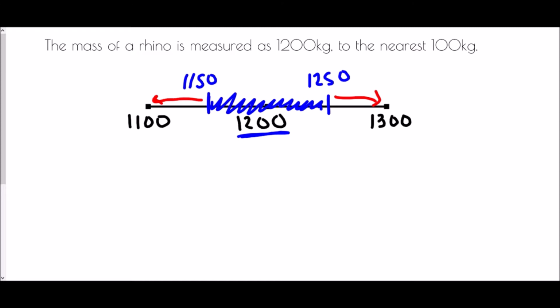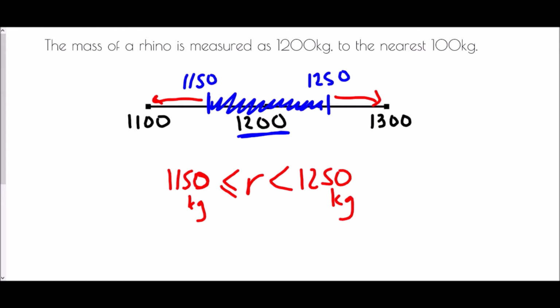And so that rhino will have a mass that is at least 1150 kilograms. It will at most have a value of 1250 kilograms. But you'll notice here that I've used two different symbols. The first symbol has the equal to sign underneath it, because if I had a value of exactly 1150, it would round up to 1200.